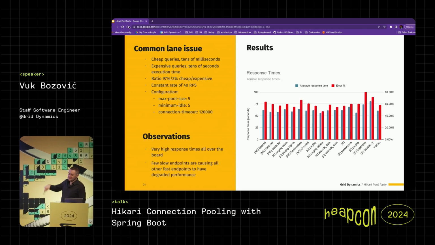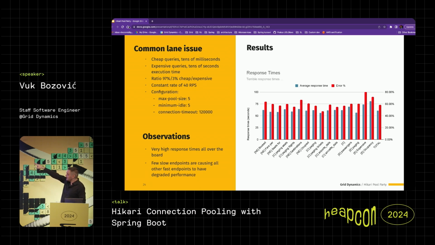This red color indicates something. First of all, response times, note that they are in seconds, even though the cheap queries are executing in tens of milliseconds. Why? Well, because our expensive queries are holding the connections hostage, if you will, and only releasing them after a certain amount of time, thus driving the response times of even the cheap queries up to great heights.